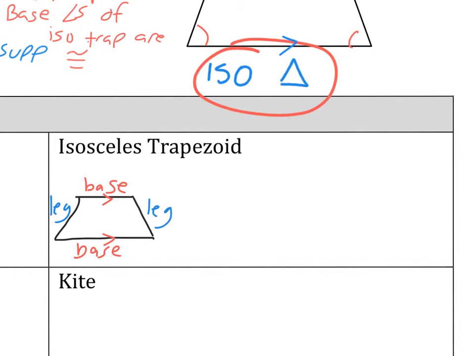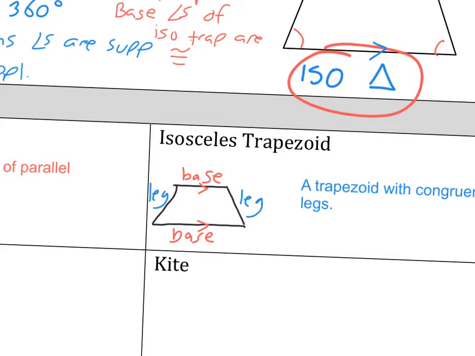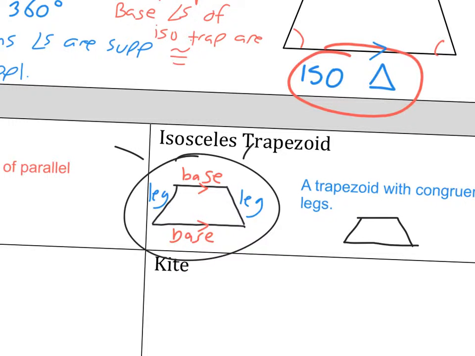So in defining an isosceles trapezoid, we would say a trapezoid with congruent legs. No big deal. Now again, this diagram applies to both terms. When you draw this out, we would mark the congruences there and the parallels there.